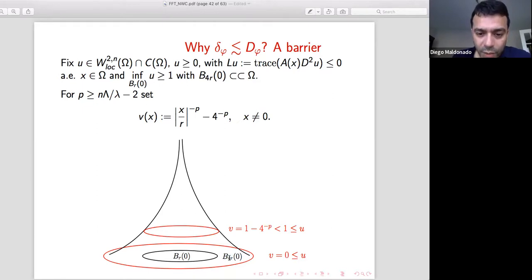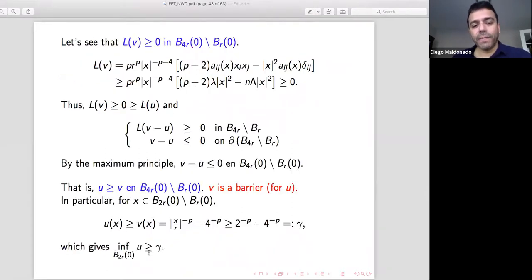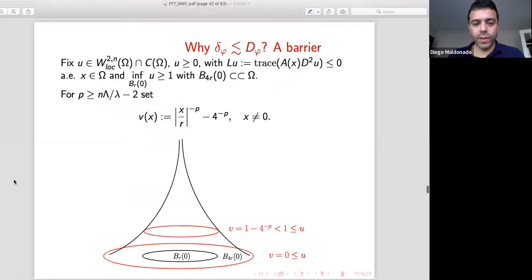So if I look at B2R, so half of this one, right? The u will remain away from 0, because the v is 0 here at the boundary for 4r. All right. And that's how then you get that your function u is bigger than this lambda in twice the ball, because the v here is a barrier.